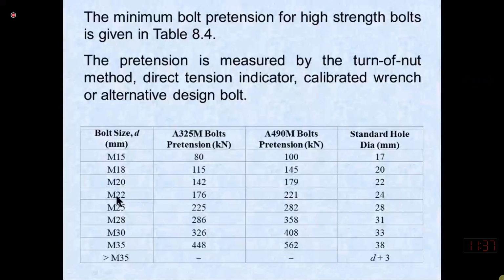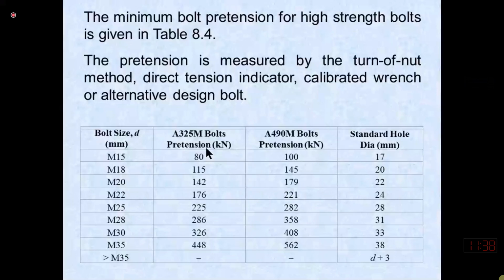In this table, A is the chapter of ASTM which deals with metals, and 325 is the ultimate strength of this bolt, and M indicates metric. And 490 indicates a bolt whose ultimate strength is 490 megapascal.